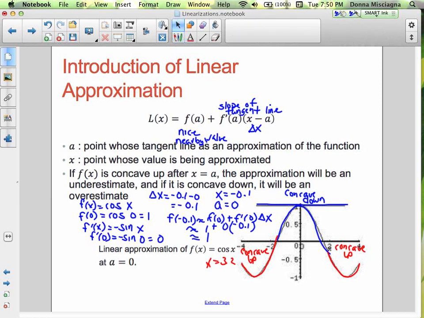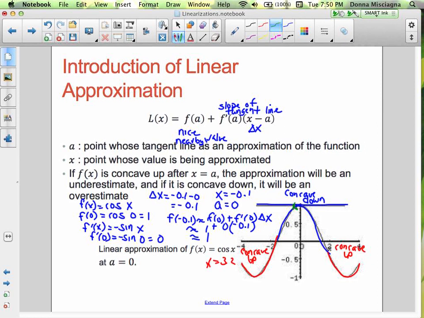And we see from our graph, it's about maybe here, I have to estimate. It's pretty close to 1, right? It's not exactly 1. It's actually a little less than 1. Our approximation here is an overestimate. Because our graph is concave down, our approximation is an overestimate. So let's write that in.